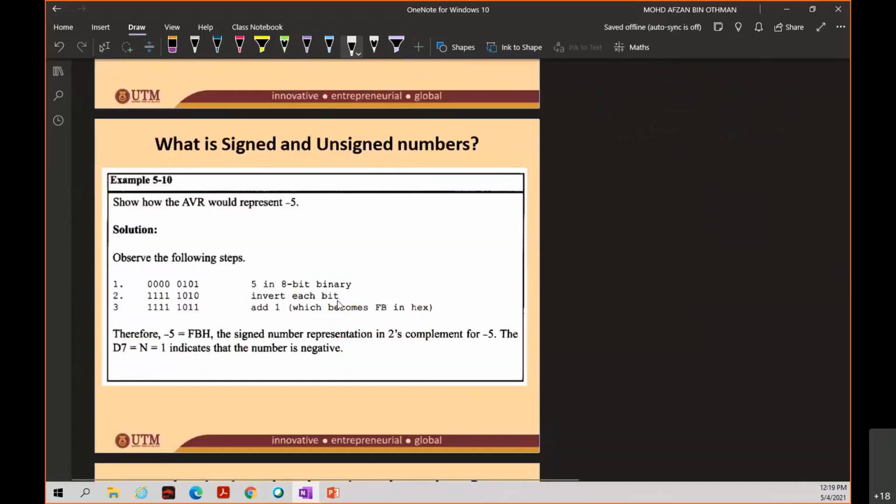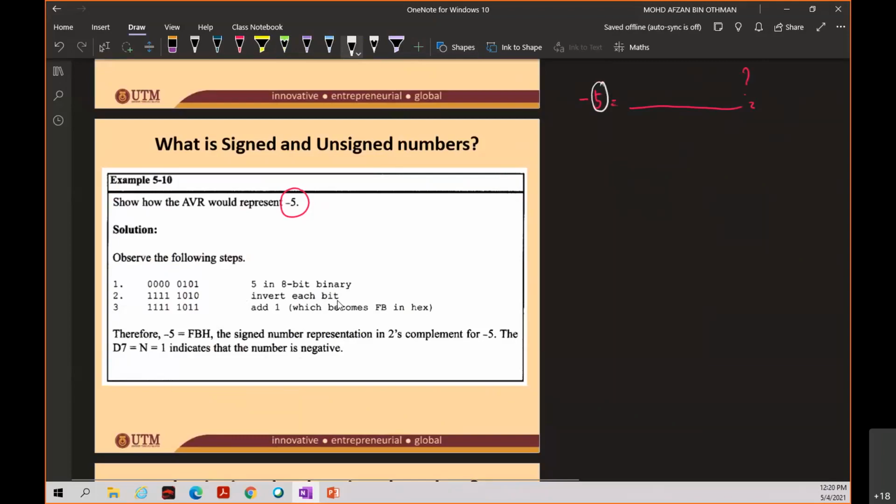Let's look at how the AVR represents a signed number. Let's look at this example: how is -5 represented in AVR? First, we get the value of 5.